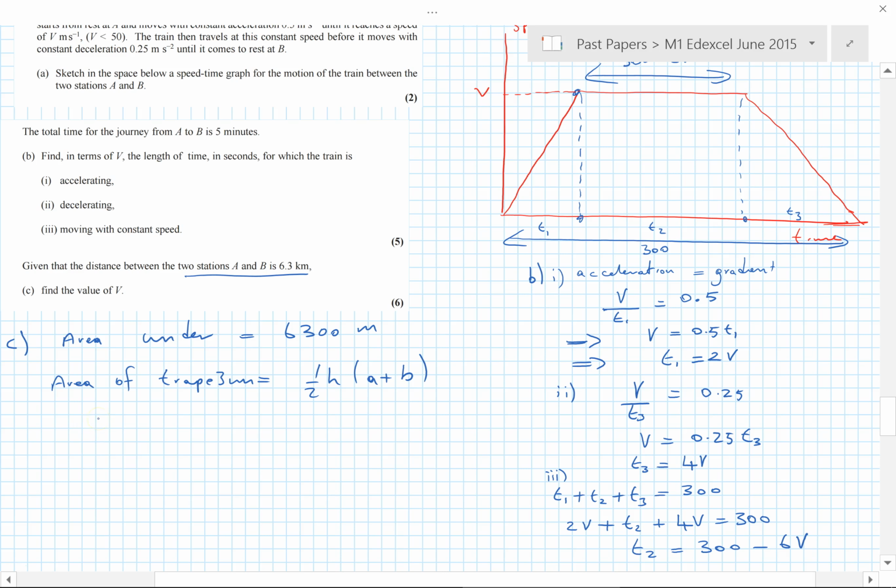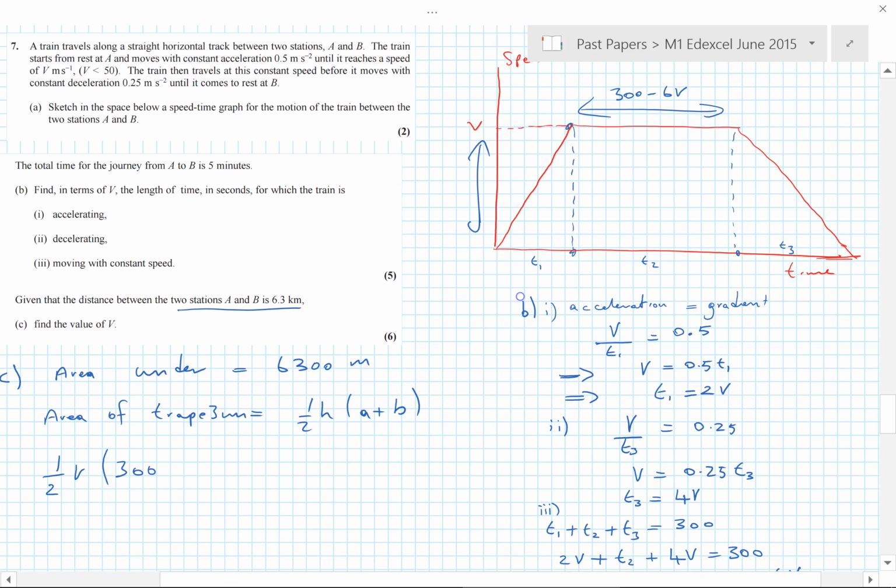Now H in this case is V. So we have half of V times 300, which is the distance from here to here, plus 300 minus 6V equals 6,300.